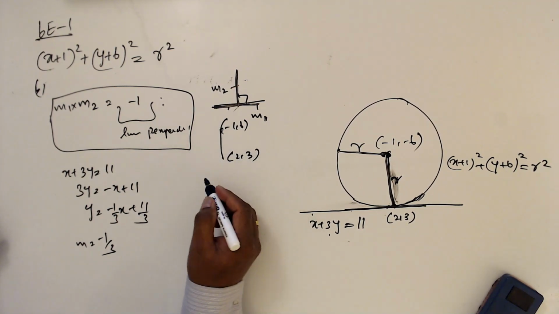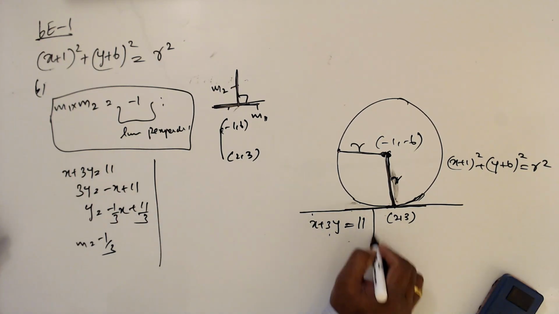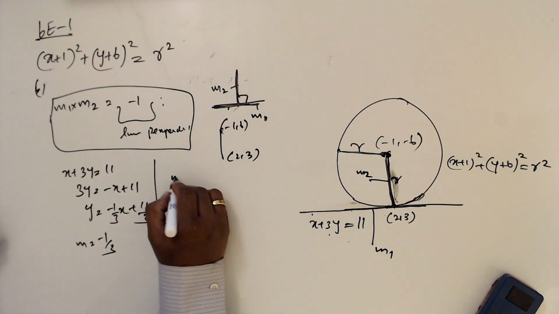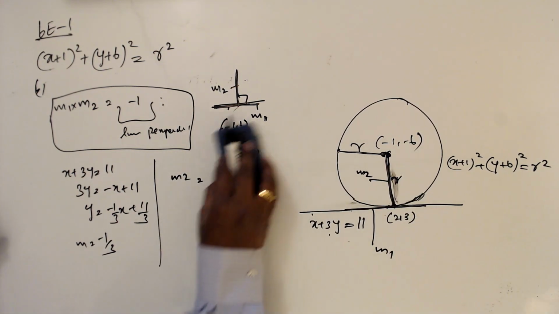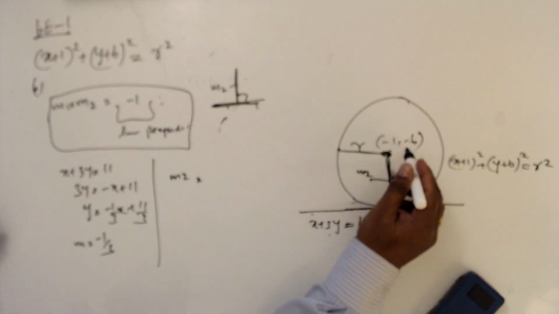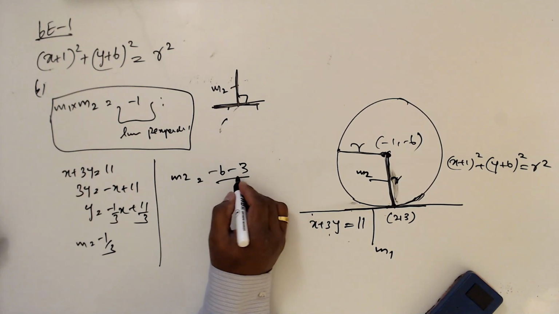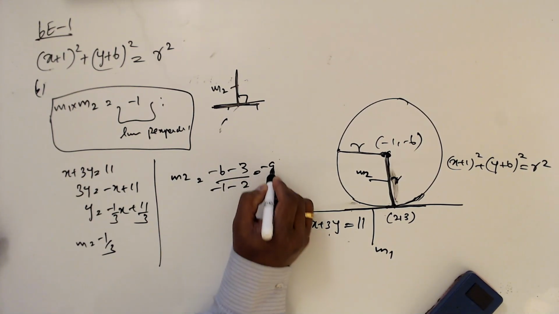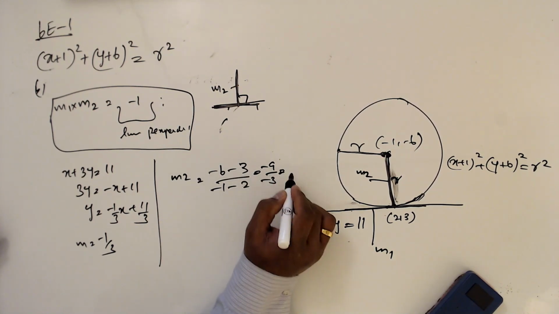So we'll find the gradient. I will write this gradient is m1 and this is m2. So m2 equals y1 minus y2 divided by x1 minus x2, which is -6 minus 3 divided by -1 minus 2, so -9 divided by -3, which is 3.